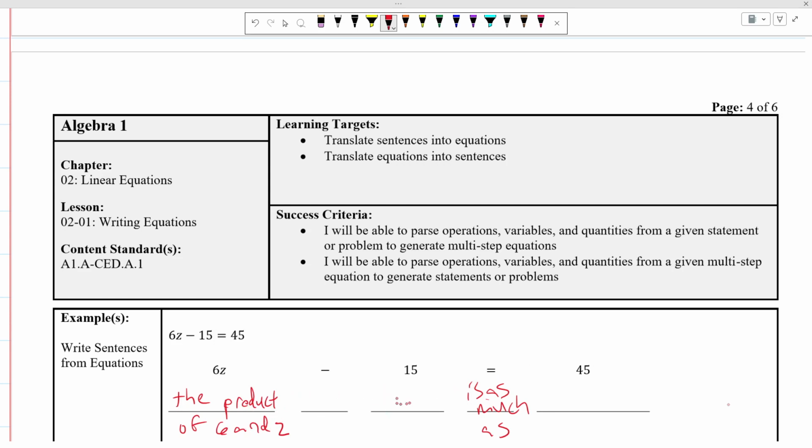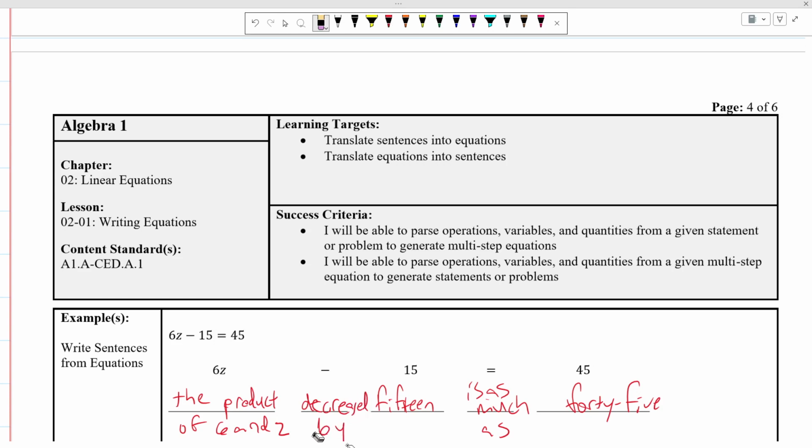Sure, why not? Let's see here. Got some 15. This would be 15. This would be 45. This could be minus. This could be "decreased by", as we saw earlier.